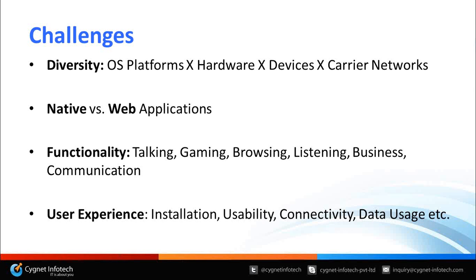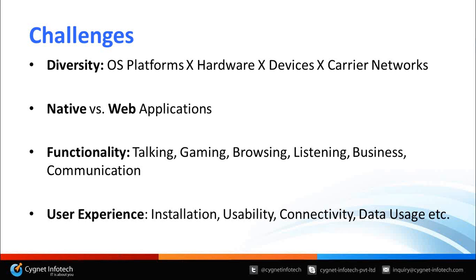If you just look at the Android market, there are almost about 200 to 300 devices out there that use Android as an operating system. So that just gives you an idea of the kind of diversity we have in the mobile application platform. The other thing we need to consider is the carrier networks.